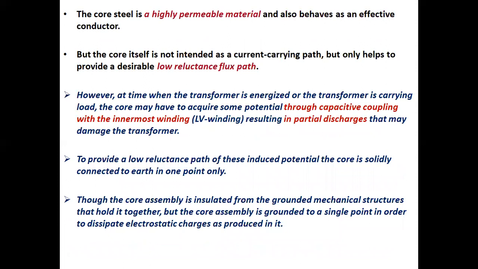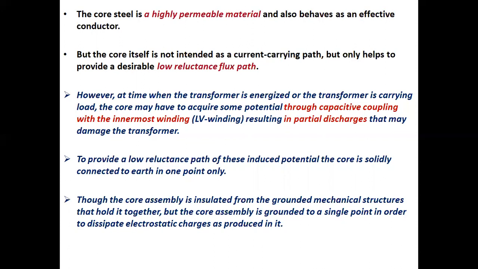The core steel is a highly permeable material and also behaves as an effective conductor. But the core itself is not intended as a current carrying path, but only helps to provide a desirable low reluctance flux path.